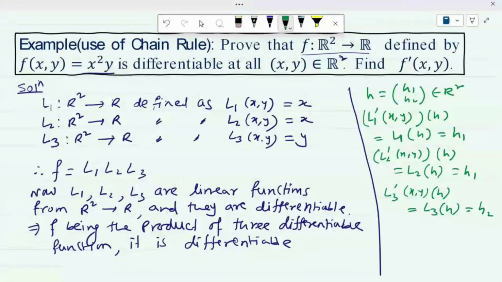So we got the derivatives of these three functions. Now we'll apply the product rule and find the derivative f dash (x, y).